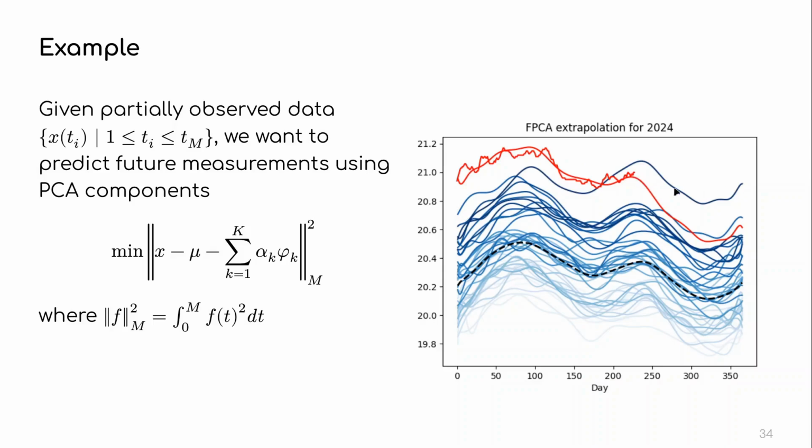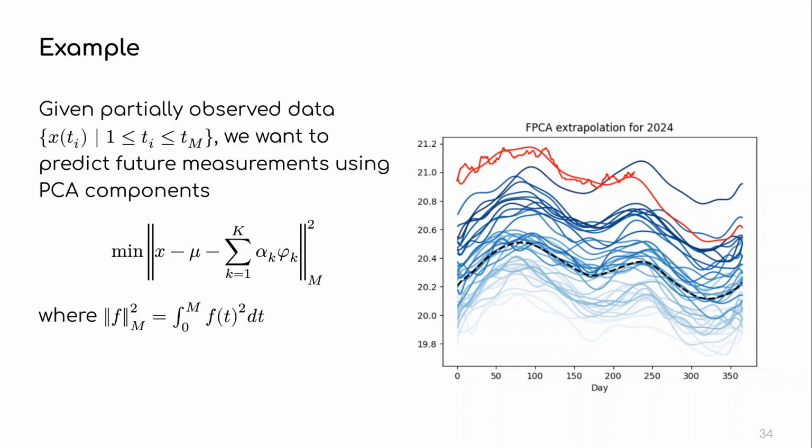I don't know what's after that, so I have to adjust my loss function. But let's say I'm defining a new space where my norm is just integrating up to my sample time m. So I'm only integrating there. Then I can still frame my problem as trying to minimize the norm of x minus the average minus some linear combination of my PCA components. And so this is what I've done here.